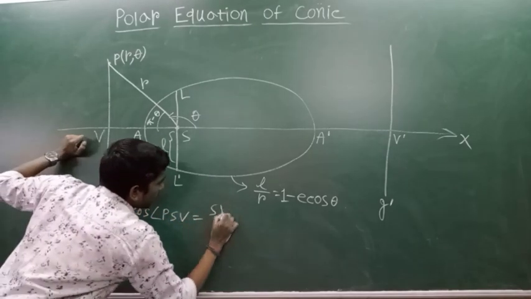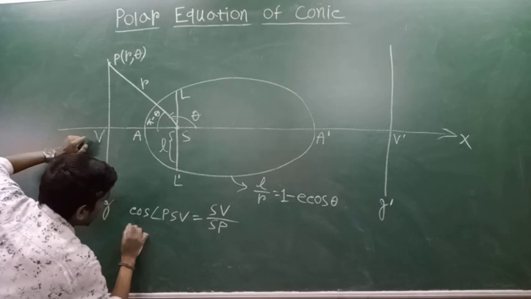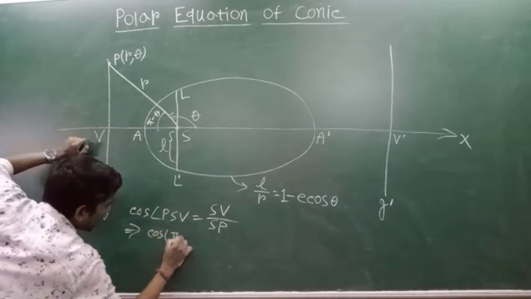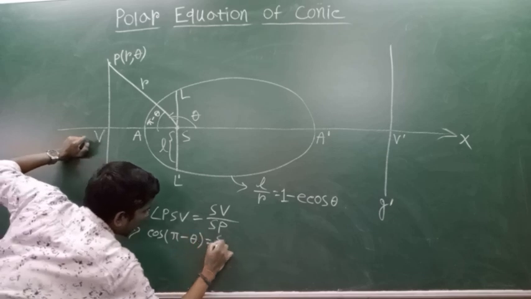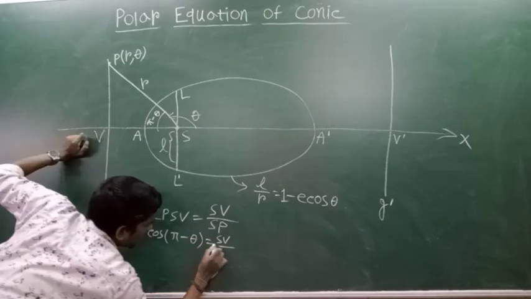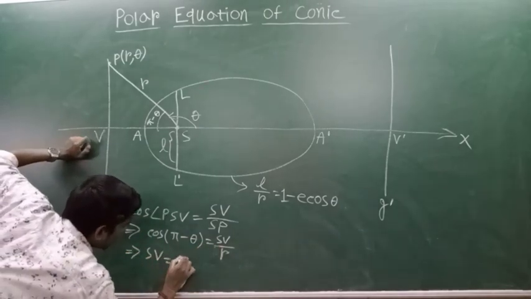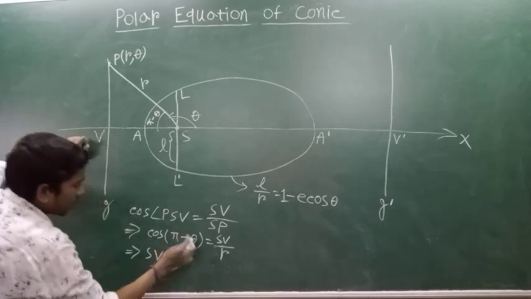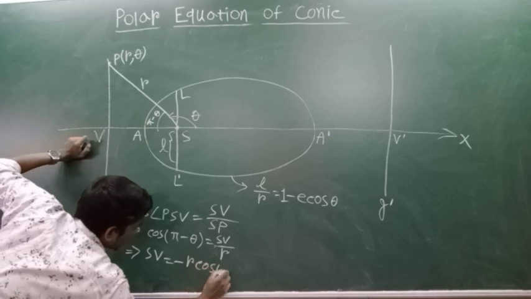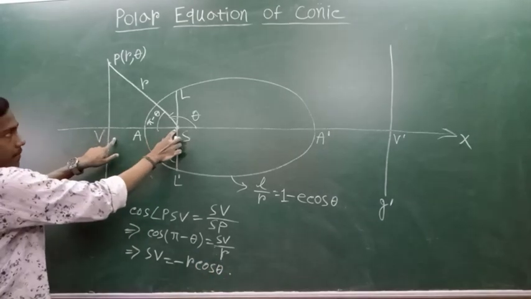So base is ASB divided by hypotenuse is AC, which implies cos pi minus theta is equal to ASB by SP, means this distance, which is the radius vector R. It implies ASB is equal to R. Okay, cos pi minus theta means minus cos theta, so this is minus R cos theta. Okay. Now ASB is this distance.